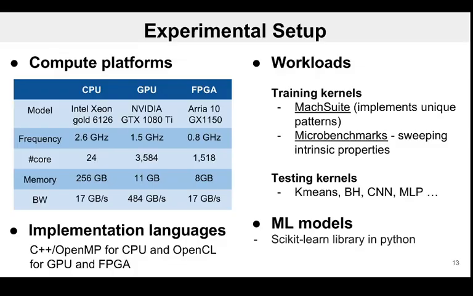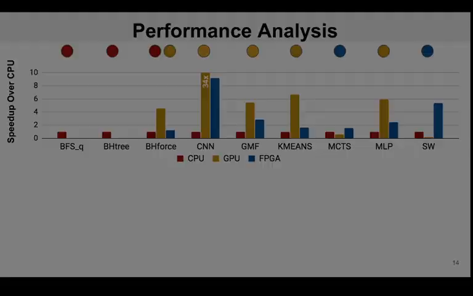Our experimental setup looks like this: we use Intel Xeon Gold, for GPU we use 1080 Ti, and for FPGA we use Arria 10. We trained our model using Rodinia-style suite kernels and micro benchmarks that we created. For testing, we use applications from different domains such as K-means, Barnes-Hut, CNN, multi-layer perceptron, and so on.